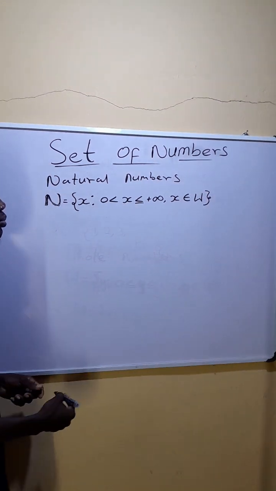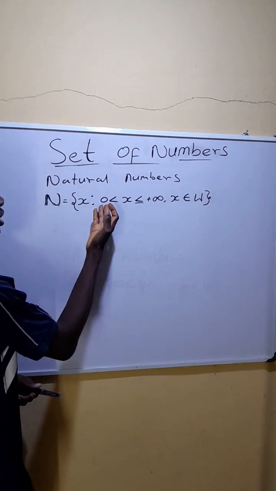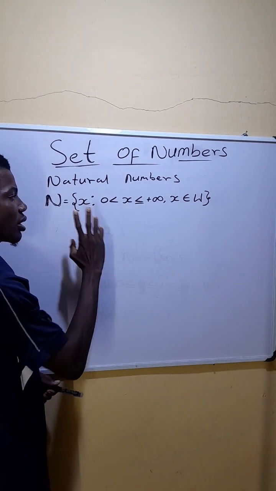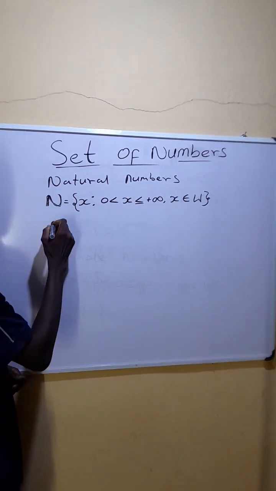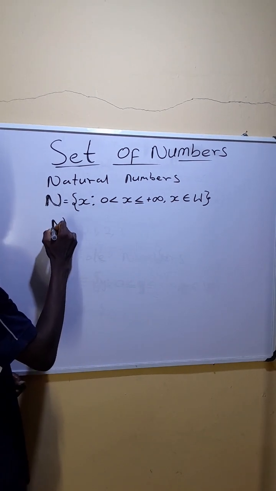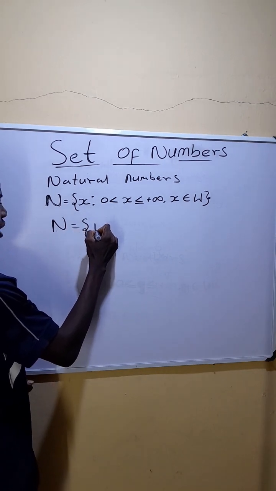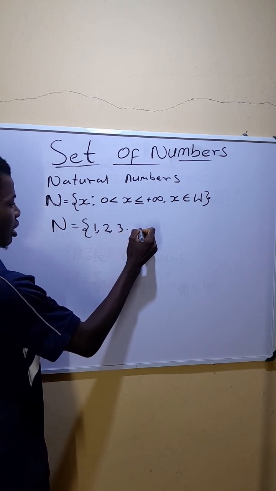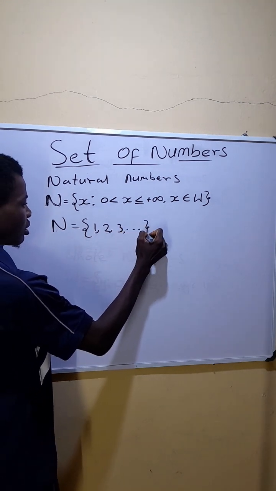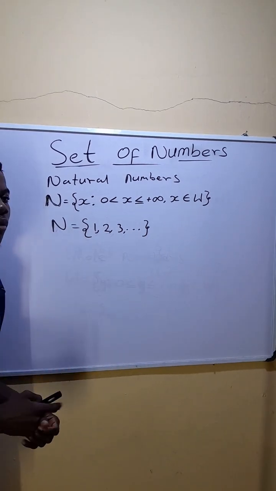From this range, 0 is not included. It's from 1. So a set of natural number can be 1, 2, 3, and so on. So this is set of natural number.